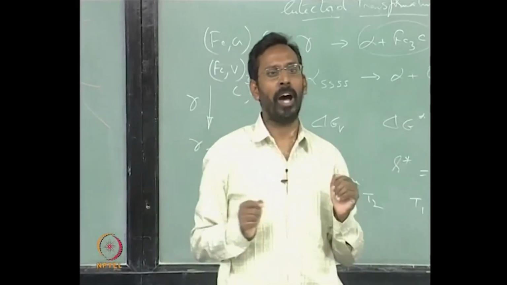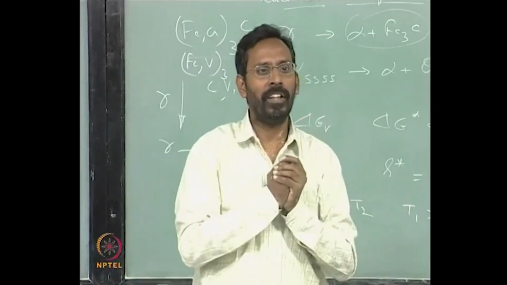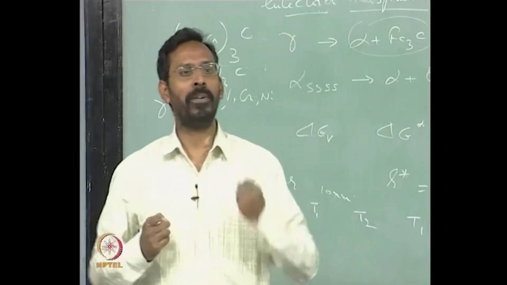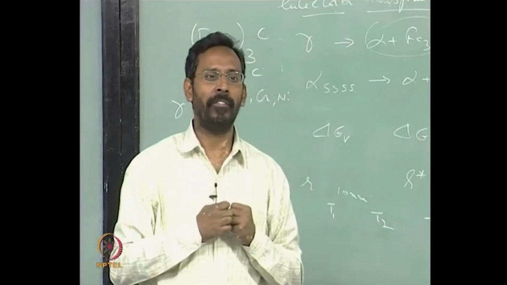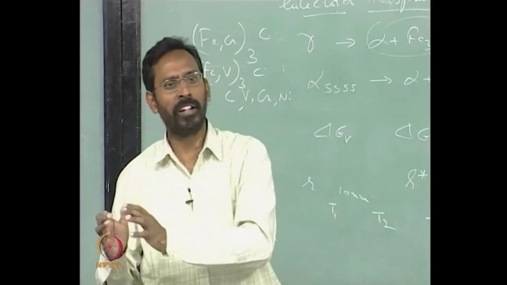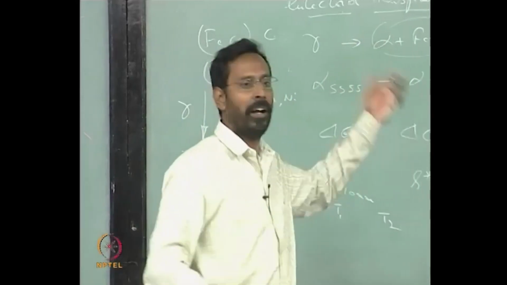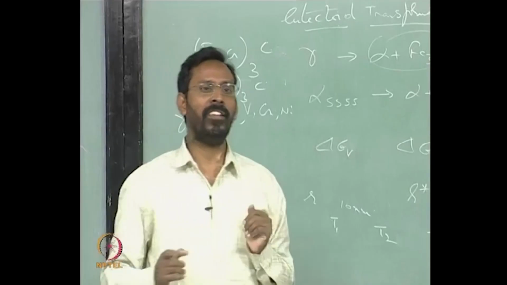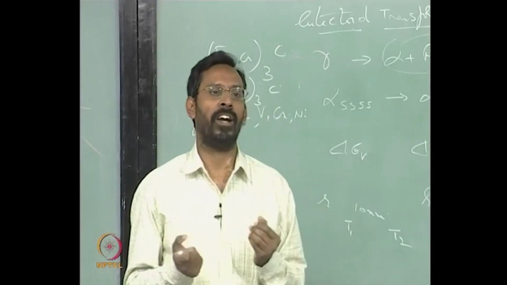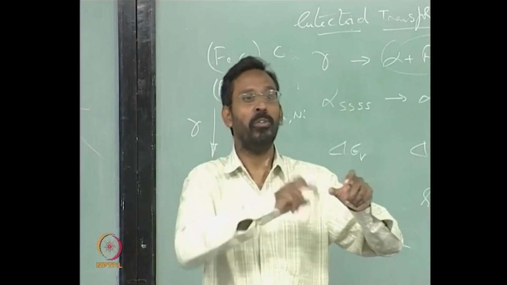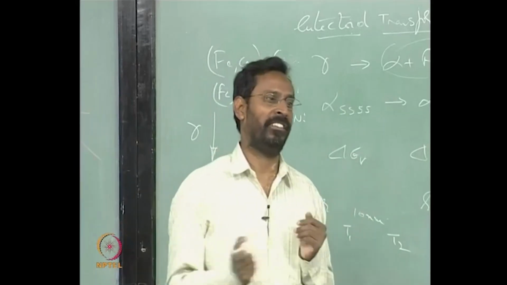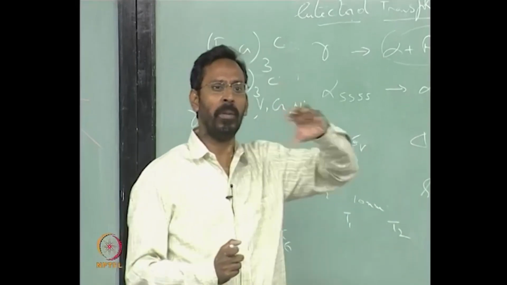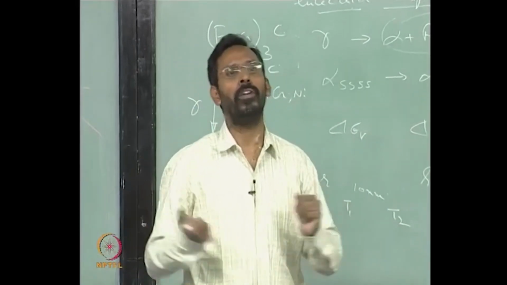The gamma around it gets depleted in carbon. That could lead to alpha precipitation just around the vanadium or titanium carbide, and because of the thermodynamics, at that temperature gamma going to alpha plus Fe3C is stable. So once alpha comes out, Fe3C comes out. It is not that the carbides are nucleating cementite, they need not. But if the carbide has a structure similar to that of cementite, cementite may nucleate.